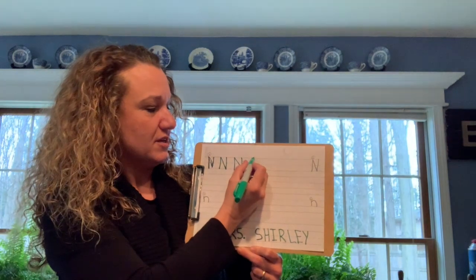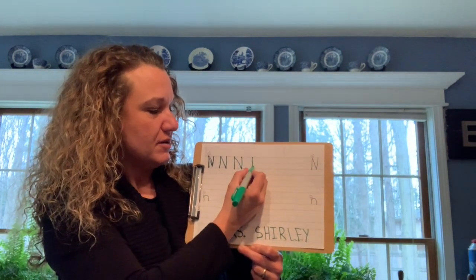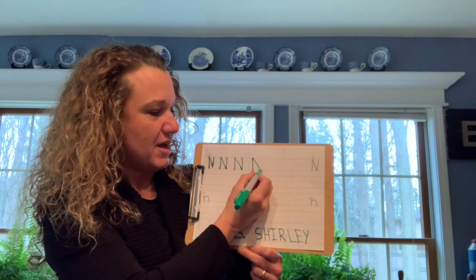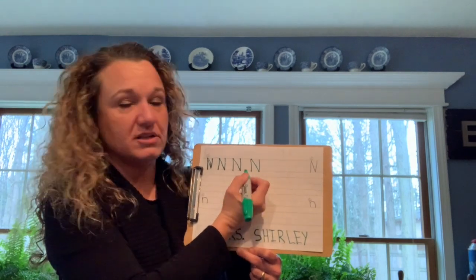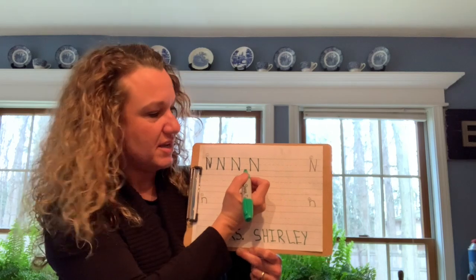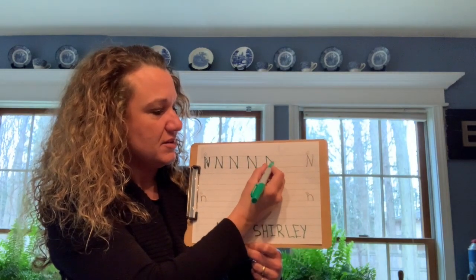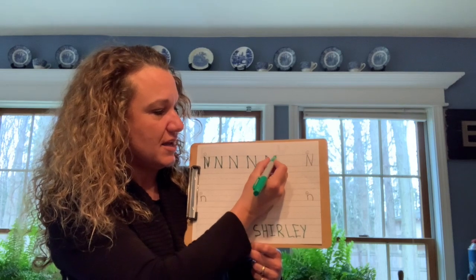There's 2. Start at the top, big line down, slide down, touch the bottom line, come back up and touch the top line. That's 3. And then you start at the top, big line down, slide down, and come back up.